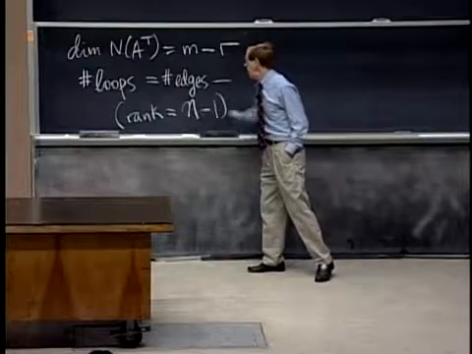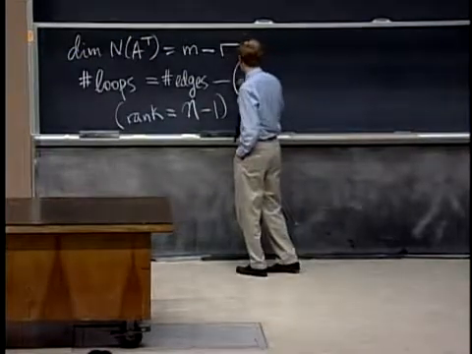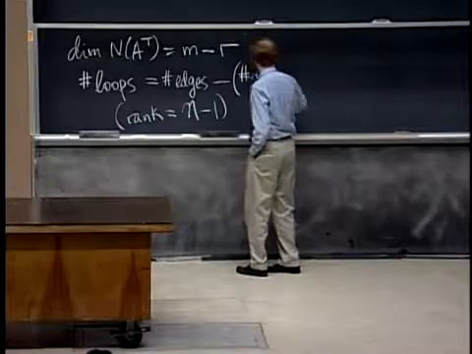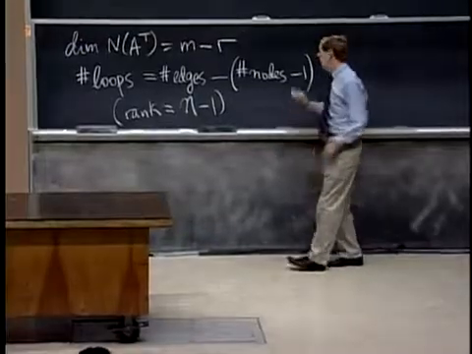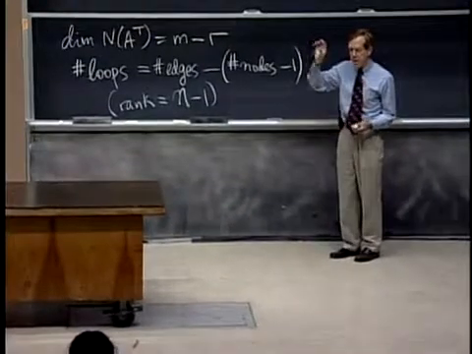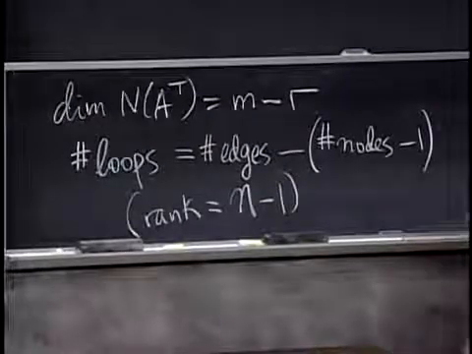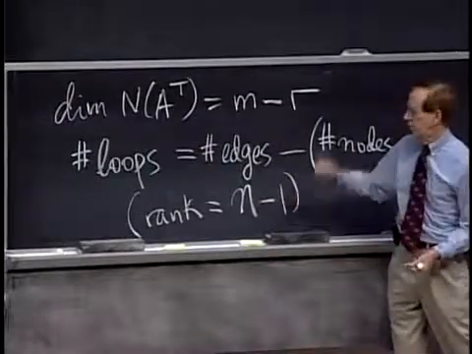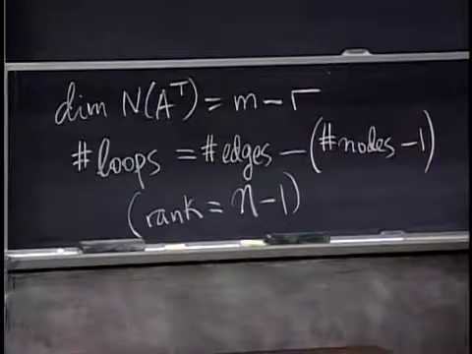Because there were n columns coming from the n nodes, so it's n, the number of nodes, minus 1. Because of that 1, 1, 1, 1 vector in the null space, the columns were not independent. There was one dependency, so we needed n minus 1. This is a great formula.